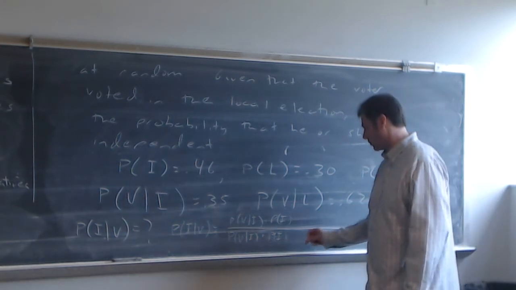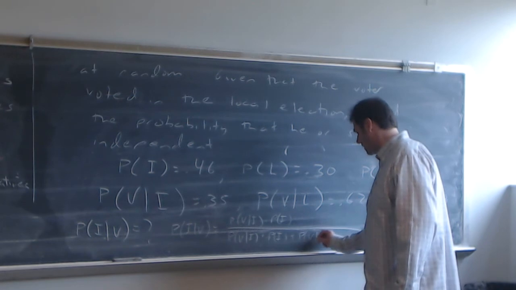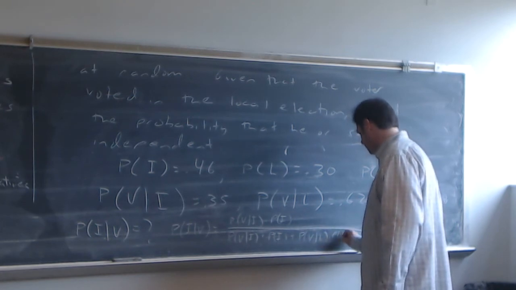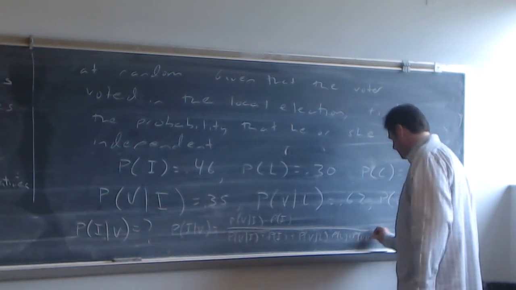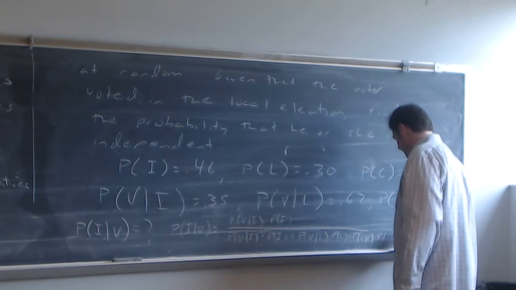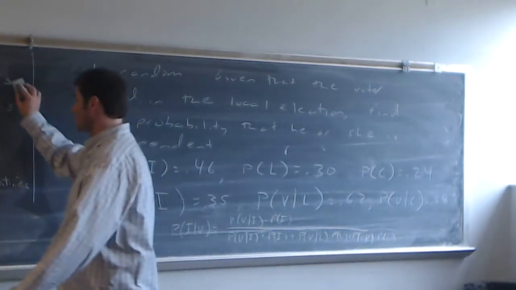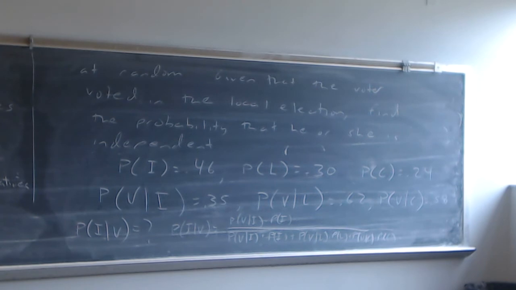So plus the probability that you voted given that you were liberal, times the probability that you were liberal, plus the probability that you voted given that you were conservative, times the probability that you were conservative. Let me stick in the numbers. I just ran out of room. And then that will conclude the problem.